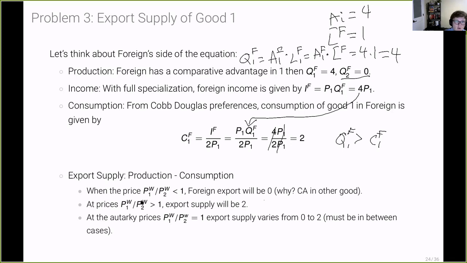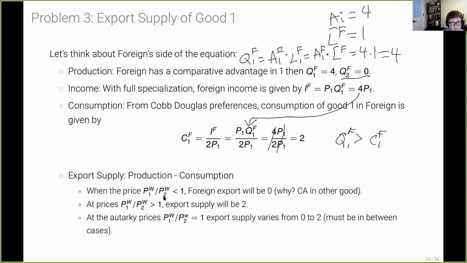We already said that when the world price is less than 1, foreign's exports are going to be 0. The reason is that if the world price was less than 1, as I was saying earlier, then foreign would actually have a comparative advantage in good 2, and so they'd produce good 2 rather than good 1. And if you're not producing good 1, then you obviously can't export it.